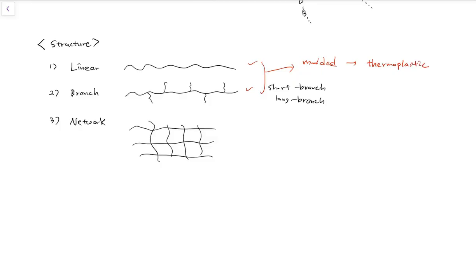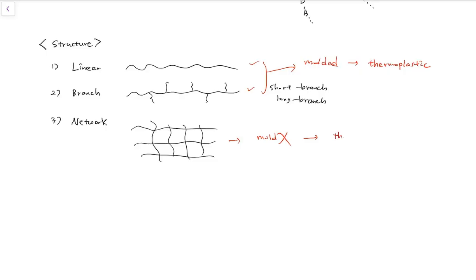Okay. On the other hand, in a network polymer, all the polymer chains are connected by chemical bonds, so they cannot be molded. Okay, so molding is impossible. Once they form these kinds of network structures, they cannot be remolded.